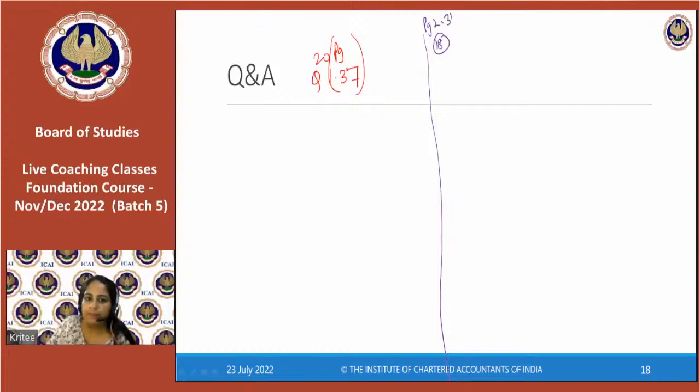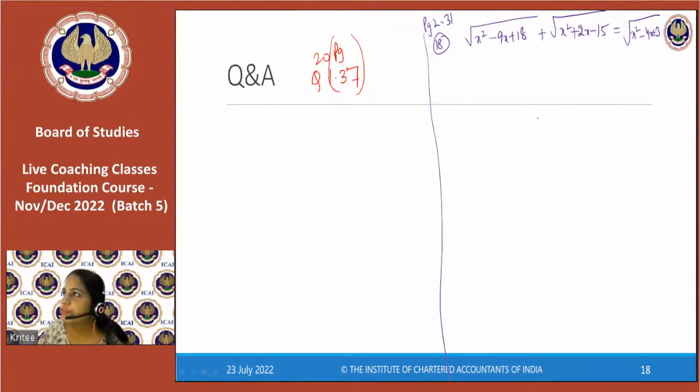page 2.31, 18th. It says: x square minus 9x plus 18 plus square root of x square plus 2x minus 15 is equal to, again, a big square root of x square minus 4x plus 3. Find the roots of the following. So x square minus 9x plus 18, the factors of 18, it can be rewritten as x minus 3 and x minus 6.